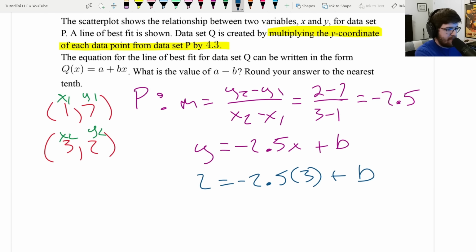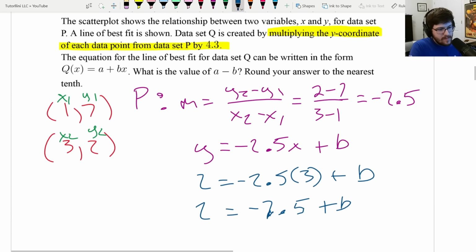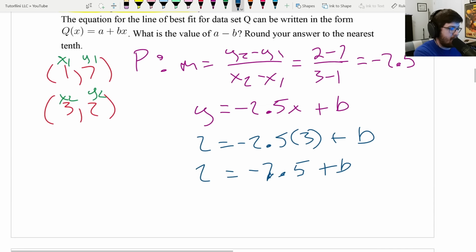That's negative 7.5. So 2 equals negative 7.5 plus b. Okay, now I'm going to add 7.5 to both sides. And I get that the y-intercept is 9.5.